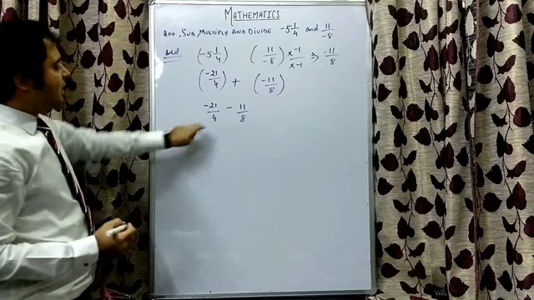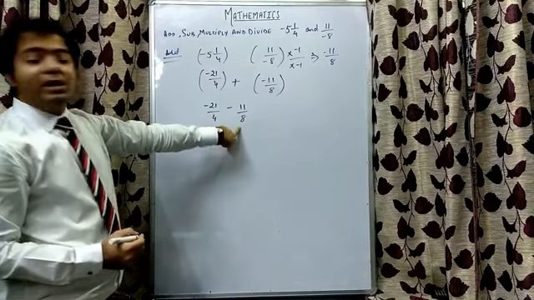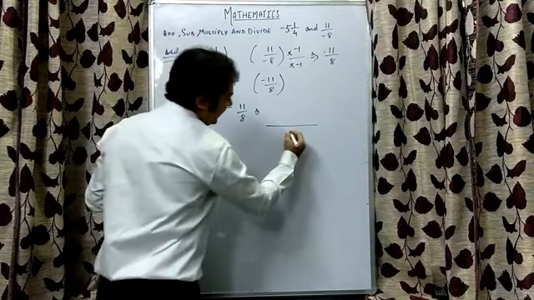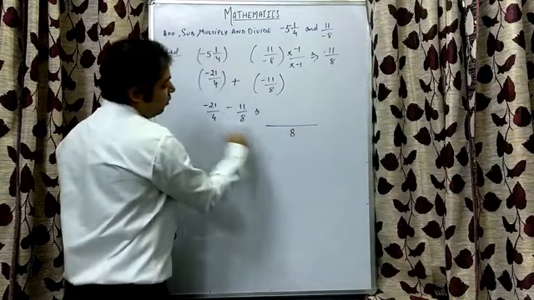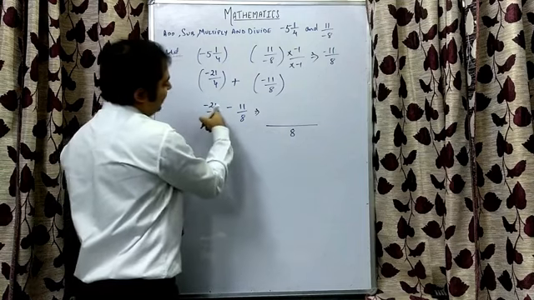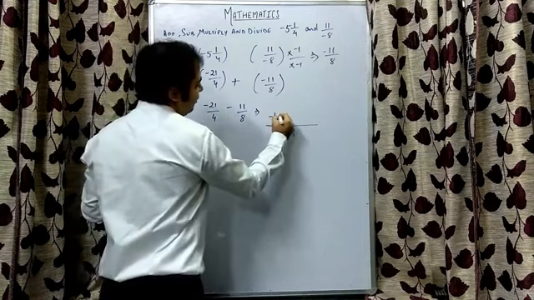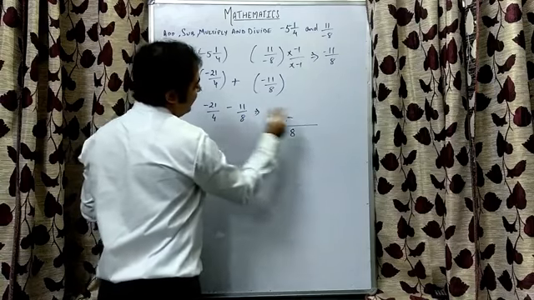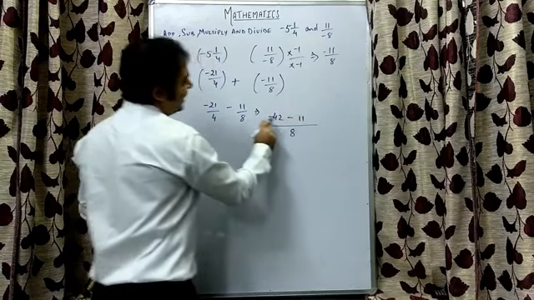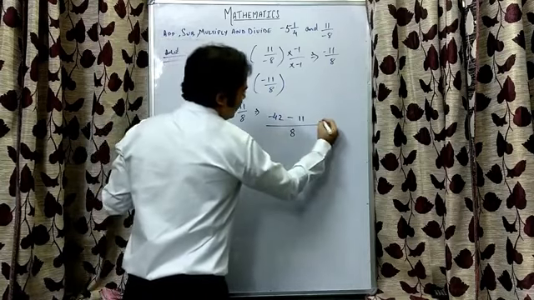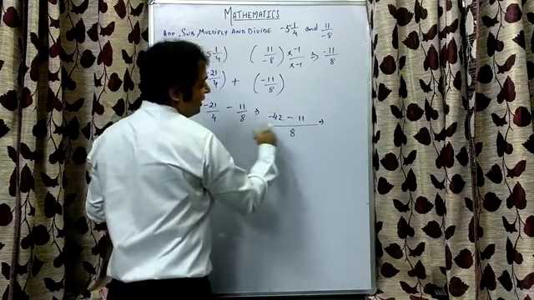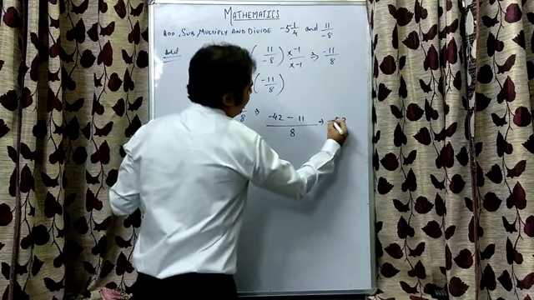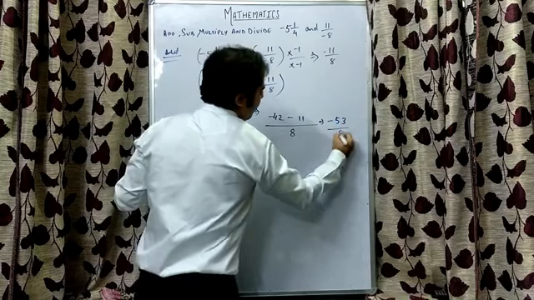Now we need to convert this into like rational numbers. The LCM of 4 and 8 is 8. 4 goes into 8 2 times, so minus 21 into 2 gives minus 42, the minus sign as it is. 8 goes into 8 one time, 11 into 1 is 11. So we get minus 42 minus 11. Since signs are the same, we add: 42 plus 11 gives 53, and the sign of the bigger integer, upon 8.